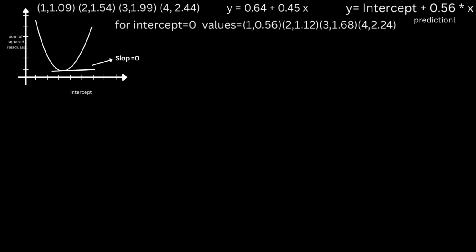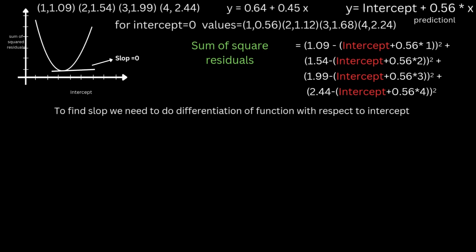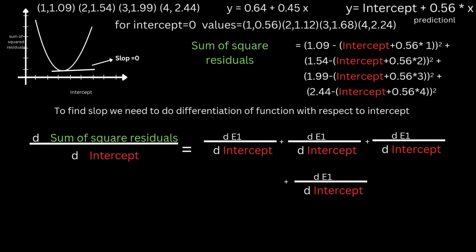Now let's take the sum of square residual. It is as shown here, and to find the slope we need to differentiate the sum of square residual with respect to the intercept. I think most people know how to do differentiation by now, and this is also known as the chain rule, where you differentiate each and every term to get the final derivative of the sum of square residual.